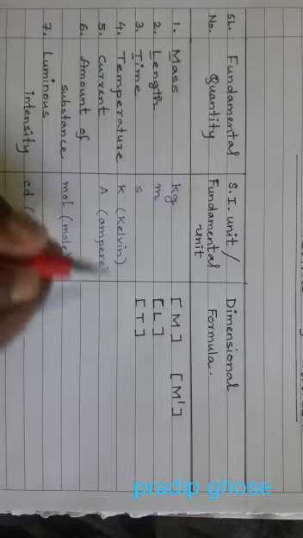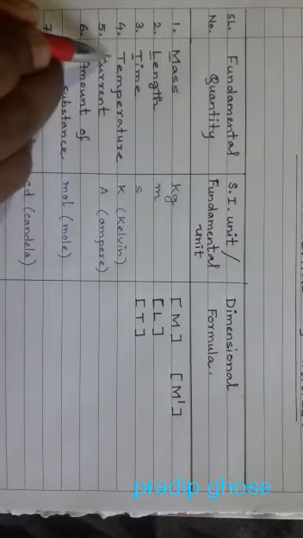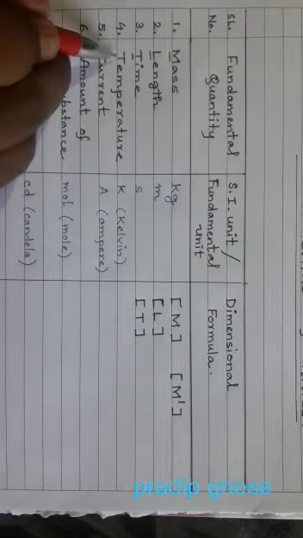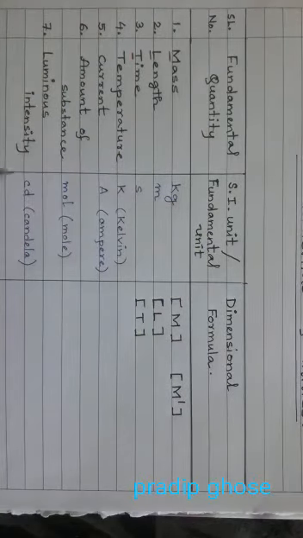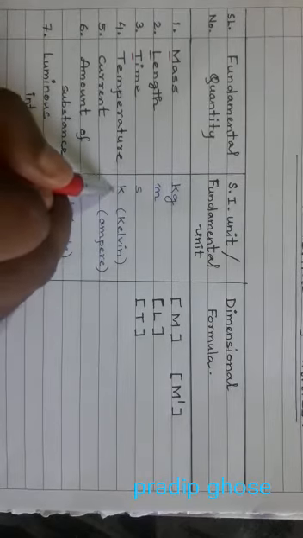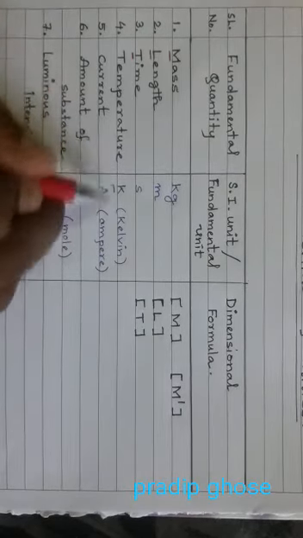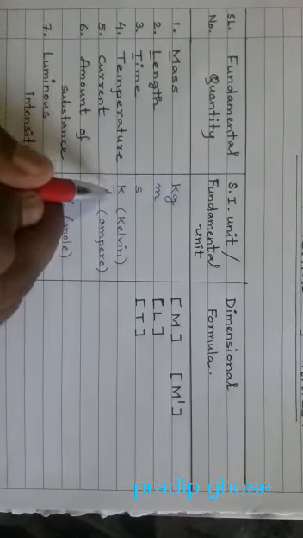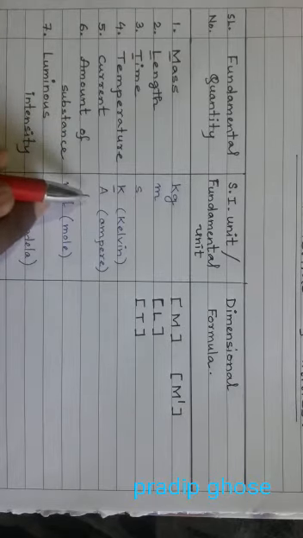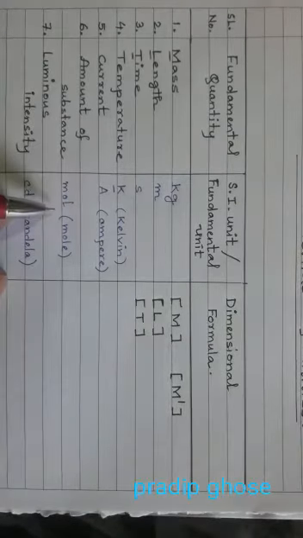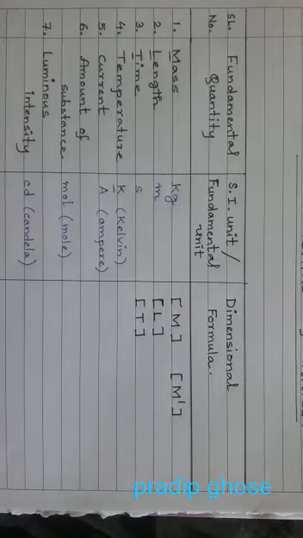Either T is time or T is temperature. So we cannot use T for temperature. From now onwards, we'll take the symbol from their units. So for temperature, we'll use the symbol K, for current A, amount of substance mole, and luminous intensity CD.